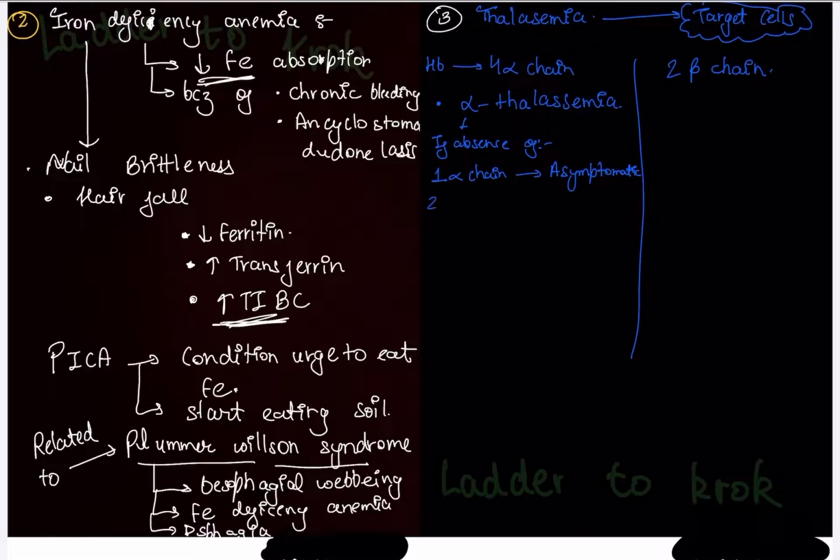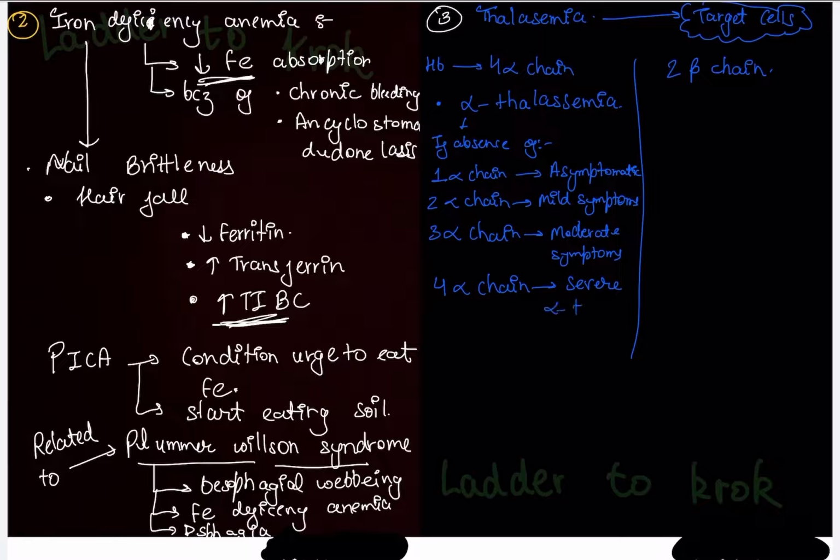If there is a problem or deficiency in the second alpha chain, then there are mild symptoms. If there is a problem in the third alpha chain, then there are moderate symptoms. If there is a problem in the fourth alpha chain, or if it's absent, then this is severe alpha thalassemia.